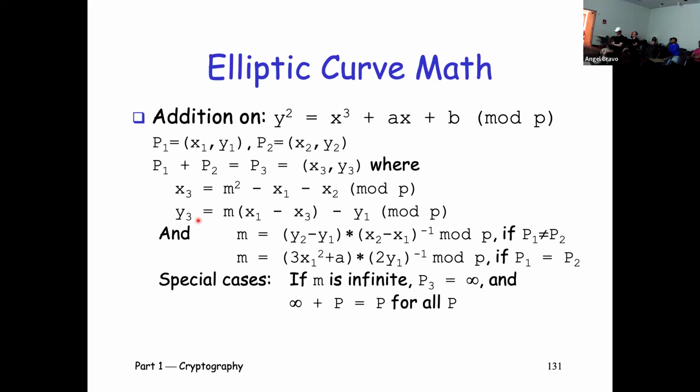Now, there's a caveat here, a very simple condition. They say, if your points are different, use this formula to compute m. If they are equal, use this other formula. If you ask me why, that is the very involved theoretical part of the math behind ECC.